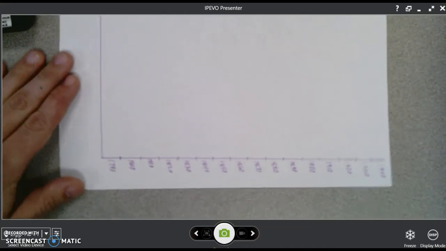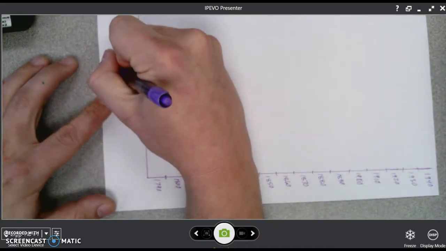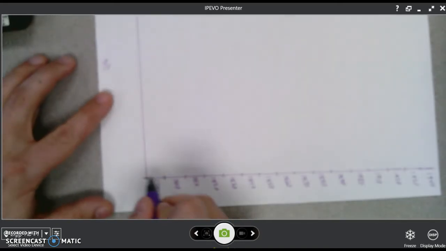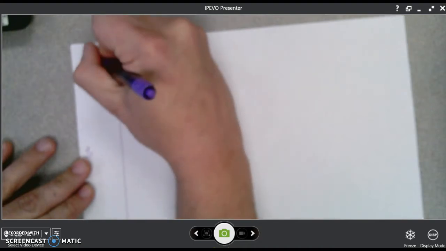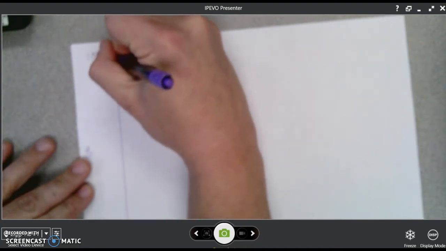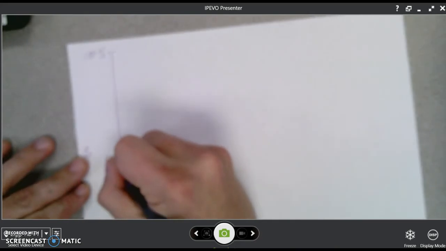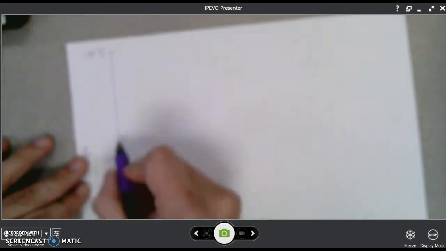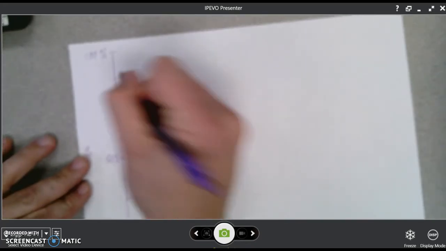And on the side here, this is where I'm going to deal with percents. So I'm going to label this with a percentage sign. I'll start down here with 0. I'll go all the way up to 100%. Right here in the middle, I'll make a marker where the 50% is. And 10, 20, 30, 40, to 50, 60, 70, 80, 90.